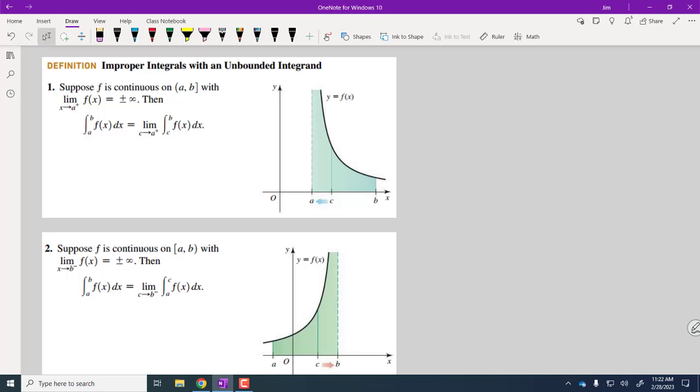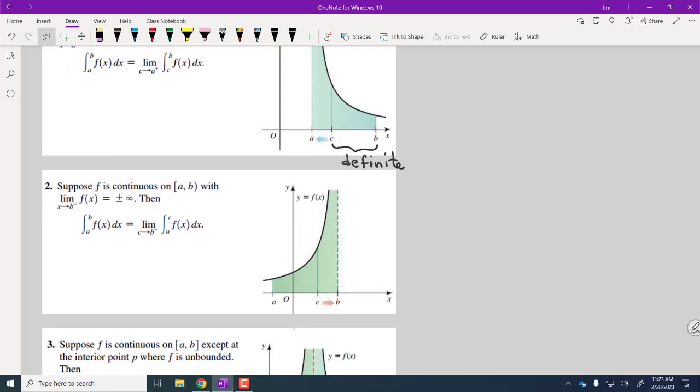So we are going to integrate from, here's our interval, a to b, but the function is undefined at a. So we get this vertical tail. So what we're going to do is create the same type of thing. We're going to create a definite integral from c to b, and we're going to let c approach a. It's going to approach a from the right of a, if the vertical asymptote's on the left side.